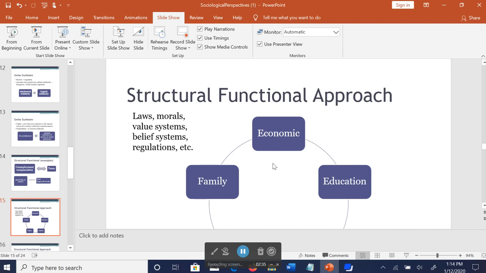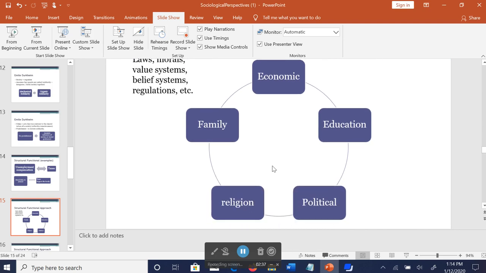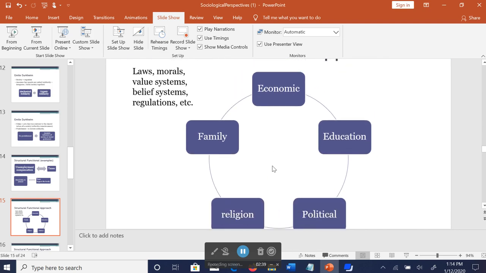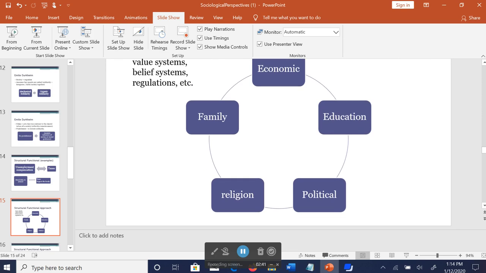And according to this theory, the functions played by the major entities in any given society matter. The economic system is responsible for distributing jobs, creating goods, rendering services. All these are our economic entities, the factories, the corporations, the businesses, our supermarkets.